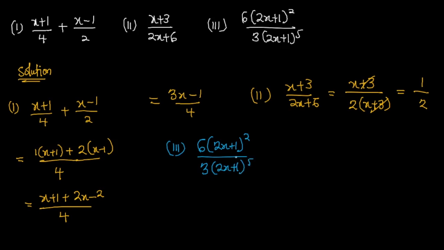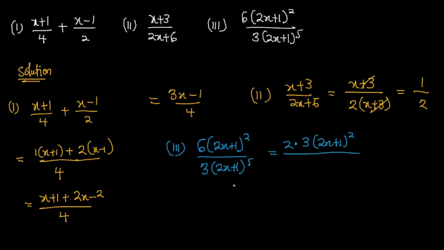As usual, we need to rewrite these expressions in a way that is easier for us to cancel some things out. So I can decide to factor something out at both the numerator and the denominator. I've decided to rewrite the 6 over here as 2 multiplied by 3, into (2x + 1) squared. It means 2 times 3, which will give me the 6 over here.